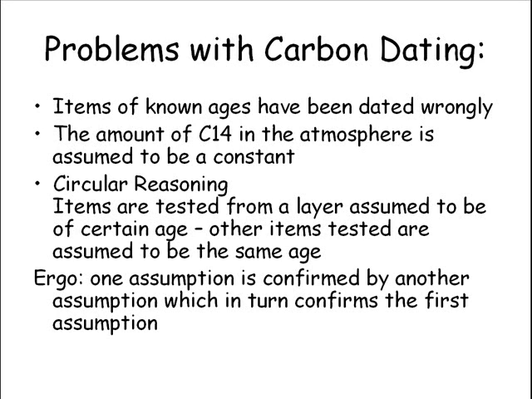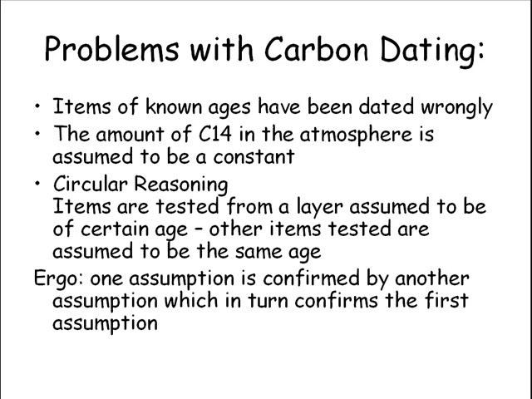Let's look at the problems with carbon dating. The first one: there's a lot of anecdotal evidence that things which have been dead for a year or a few days have been sent to labs for carbon dating, and some of them came up with ages of 2,000 years and more. So obviously that means they're getting it wrong.